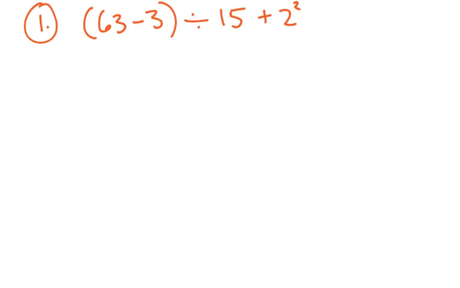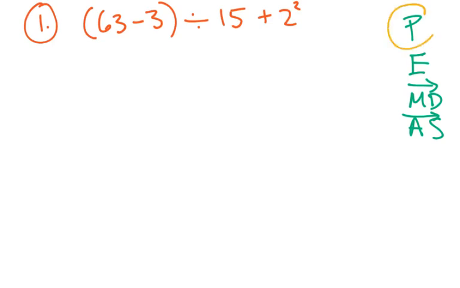So we need to remember PEMDAS. So first, parentheses. So we're going to do 63 minus 3 is 60. And then we're going to write divide by 15 plus 2 to the second.